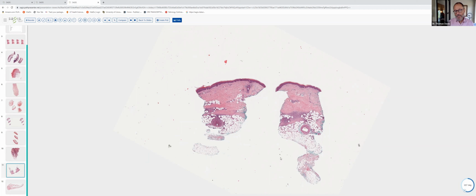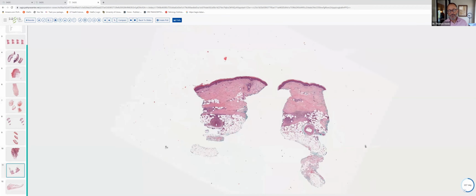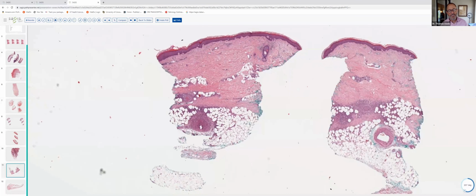But if in a punch biopsy specimen, you see about half the specimen or a third at the inferior portion containing fat, that's a real useful clue to the diagnosis of distal extremity. Frequently in distal extremity punches too, you will see large vessels at the dermal subcutaneous junction.